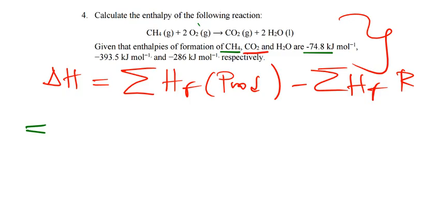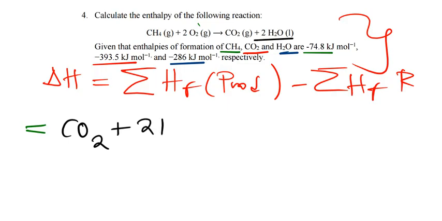For carbon dioxide, it's that, and then finally this is for water. So we only have a single carbon dioxide, plus we've got 2 water molecules. These represent the values for the enthalpy of formation of the products.